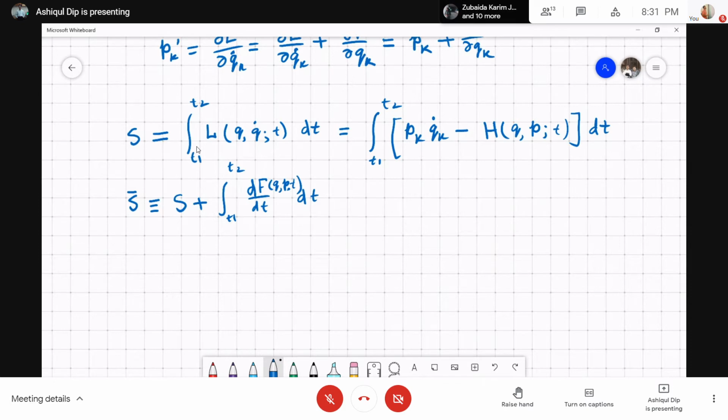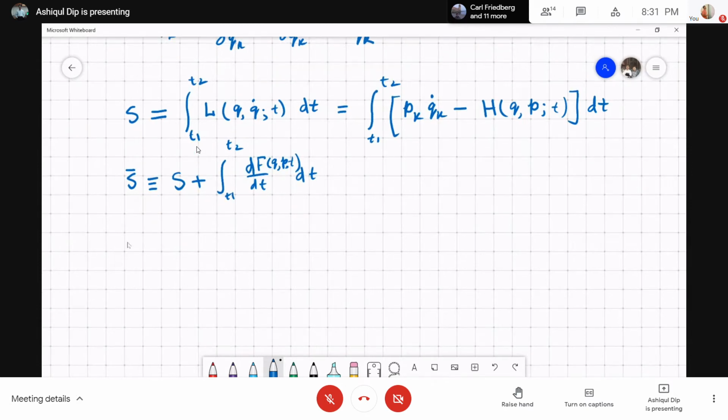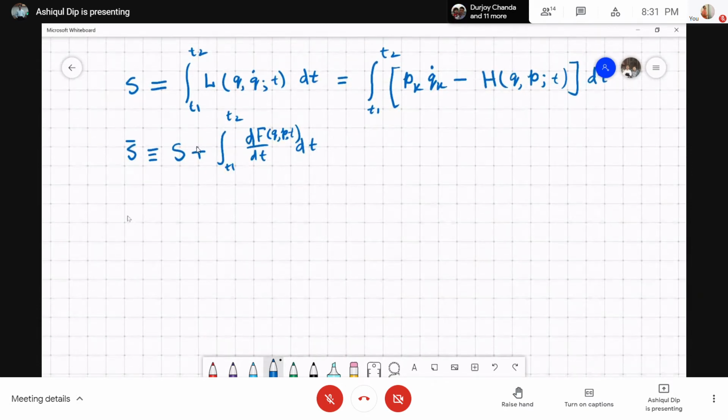Last day we derived our Hamilton's equations of motion. To proceed, we first need to understand how variation works here, the variation of S. Then we'll do the variation on S bar as well. So let's do a variation on S, because we need to know a little bit more about it.